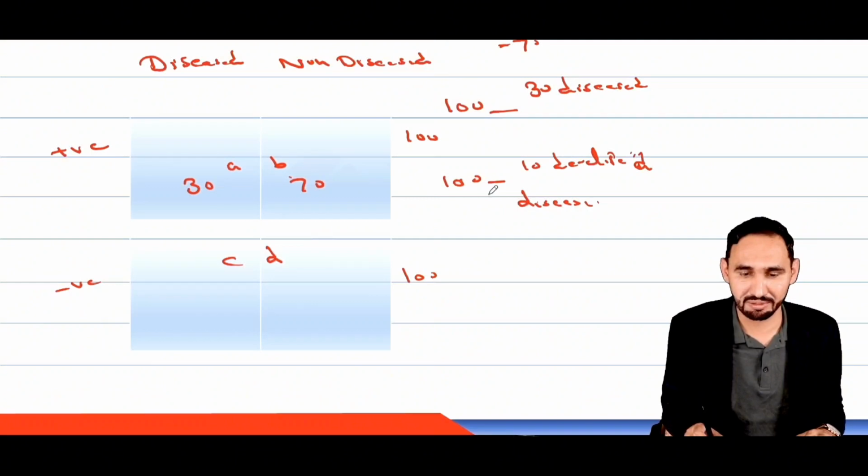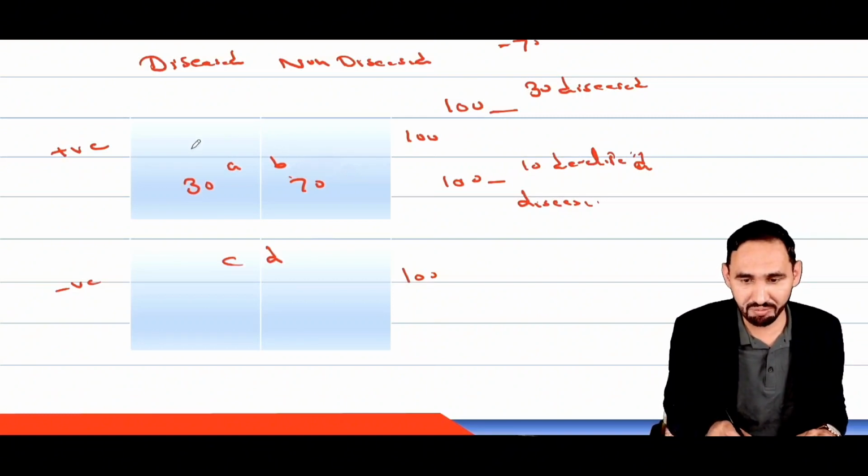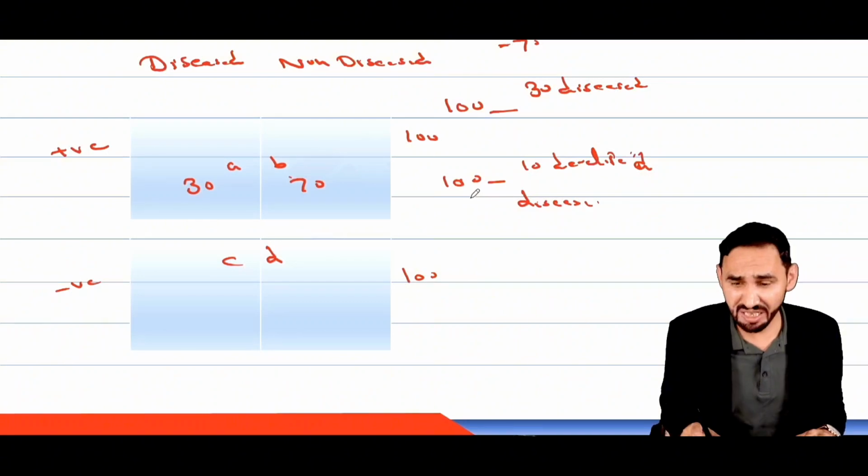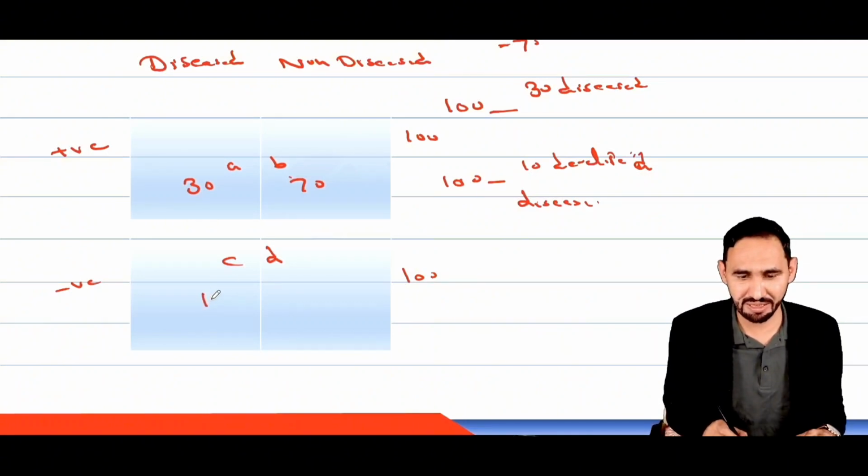Then 30 were diseased among smokers and 70 were non-diseased among smokers. The total number of smokers is 100. 10 non-smokers developed lung cancer. We write 10 here. And if we subtract 10 from 100, the remaining is 90. 90 non-smokers did not develop lung cancer.